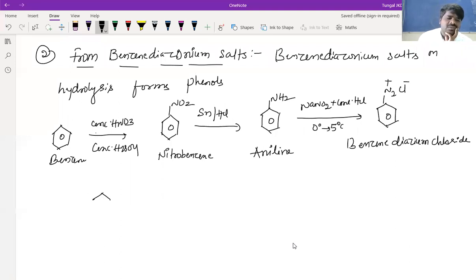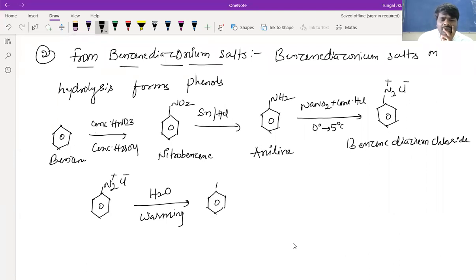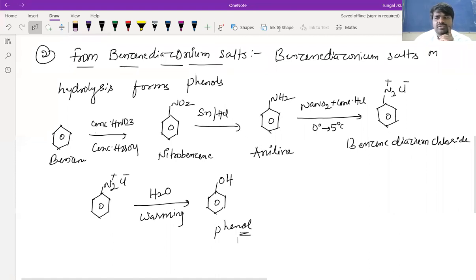This on warming with water is converted into phenol, beta. This is the second method of preparation of phenol.